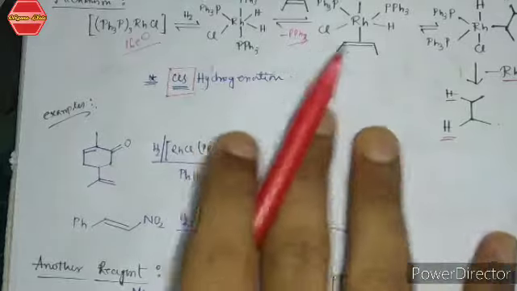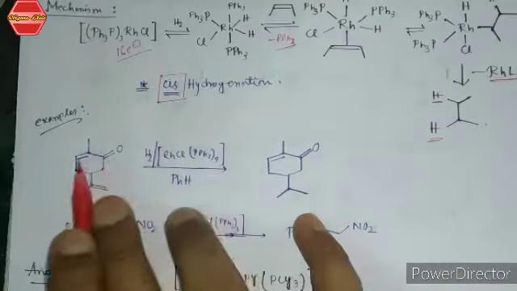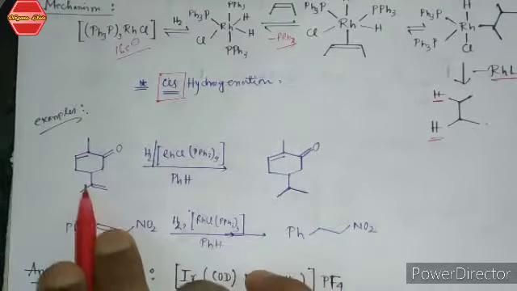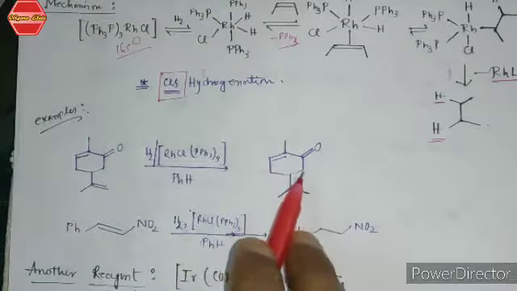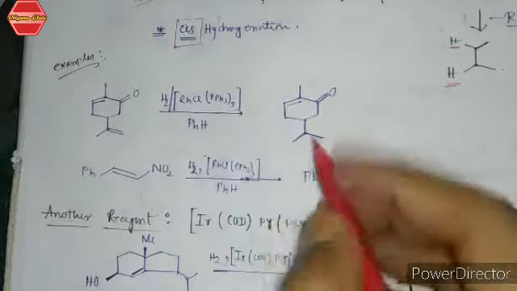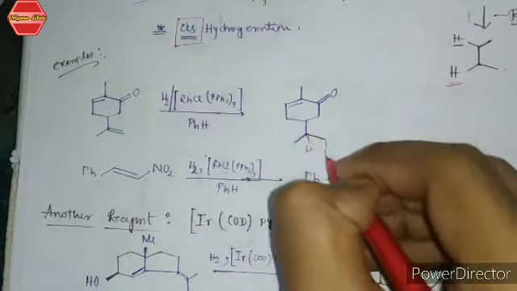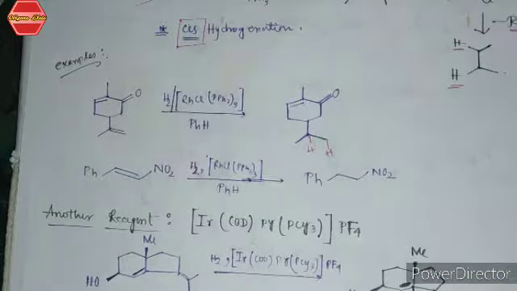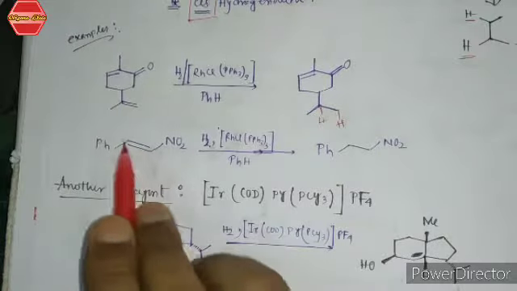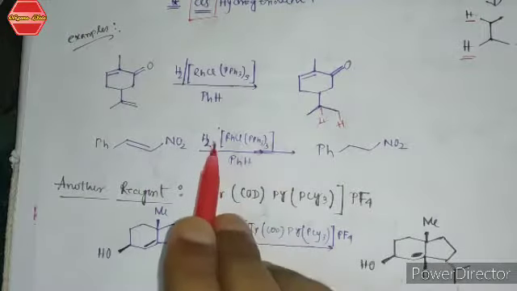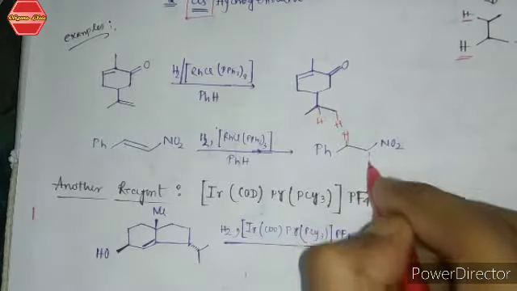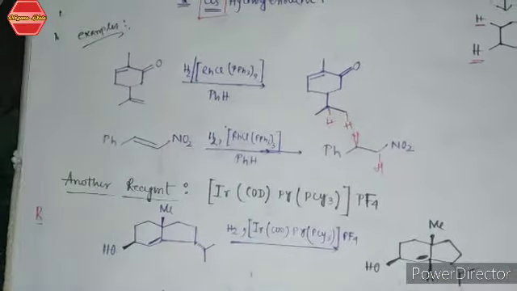These bonds are conjugated to this carbonyl, so that double bond will not react, and this one is free and will reduce to a normal alkene, by cis hydrogenation like this. That is how this product is formed. Now there is another example: if you use hydrogen and Wilkinson catalyst, this also gets reduced, and this is how this product is formed.